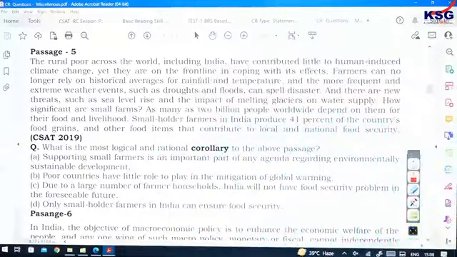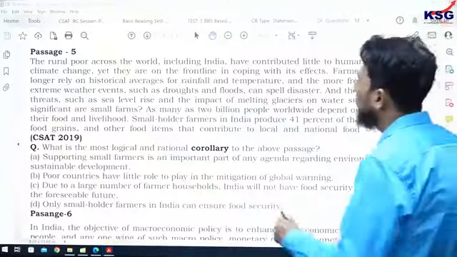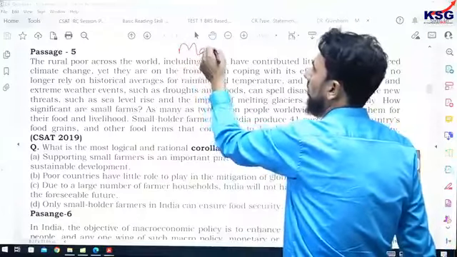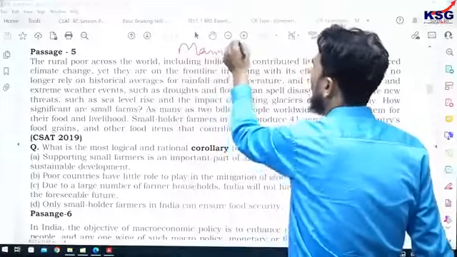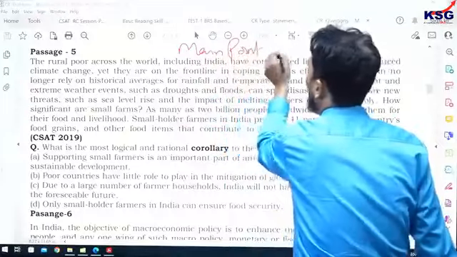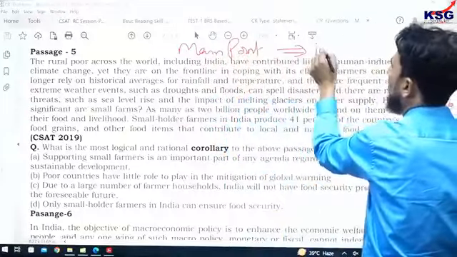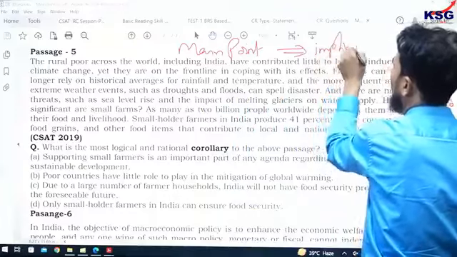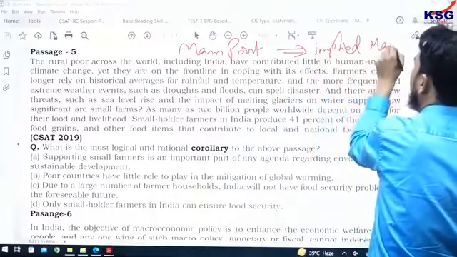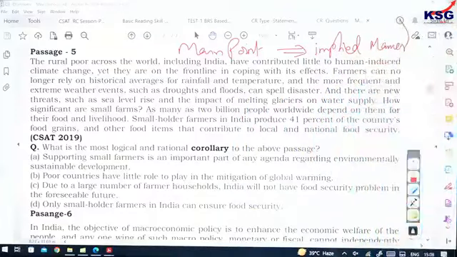So passage number 5, the structure of the author's main point of the passage you need to understand, which has been said here in an implied manner. It's not explicitly mentioned, but you should have noticed it.